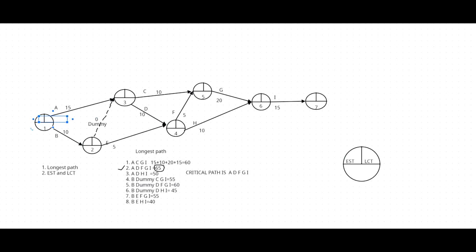Event number 1 represents we start the project. 0 means still not time consuming.